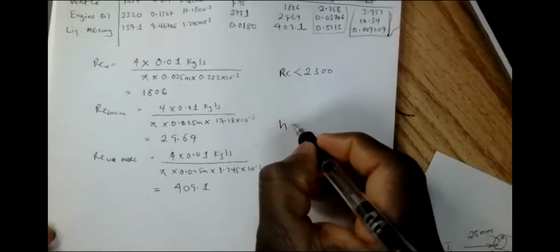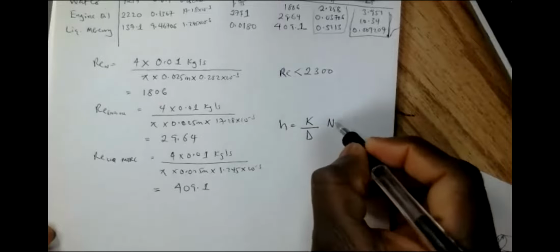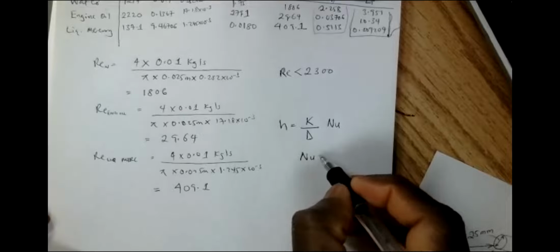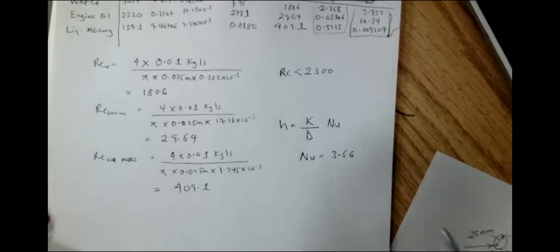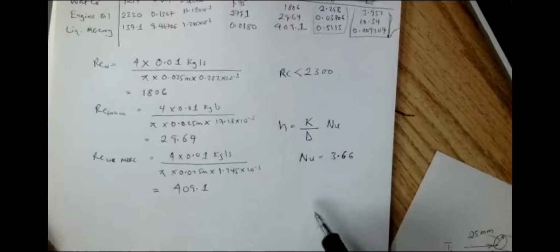So finding the convective heat transfer coefficients for our fluids should be very simple. So we have the expression h is equal to thermal conductivity divided by the diameter multiplied by Nusselt number. And we've been given a circular pipe with constant surface temperature. We have that value to be 3.66 for this condition. Now, if we had gotten different values here, then we might have had to compute Nusselt number.